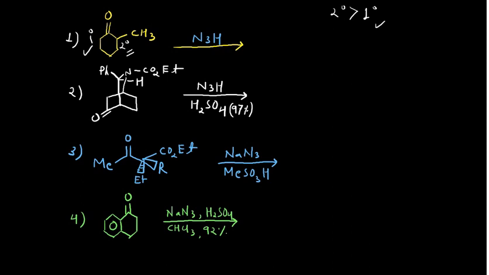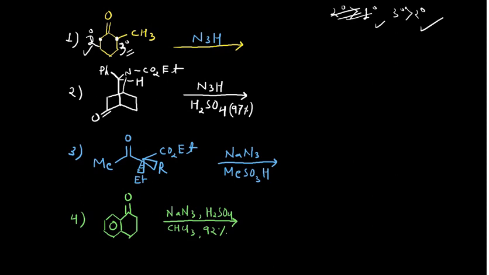Now if you focus on this particular example, sorry, wait. This group is actually the secondary group. I am sorry. This group is the secondary group and this group is the tertiary group, right? This carbon is the tertiary carbon, this carbon is the secondary carbon, and you know your tertiary carbon has the higher migratory aptitude than the secondary one.